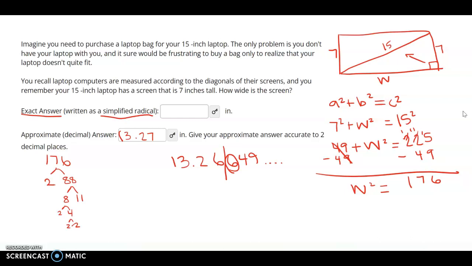Okay, so now what I'm going to do is, oh, I kind of skipped a step. The reason I'm doing this is because to find w, we have to square root each side. Okay, so we had w equals, we got that 13.27. And now I'm going to write all of these factors that multiply to be 176.